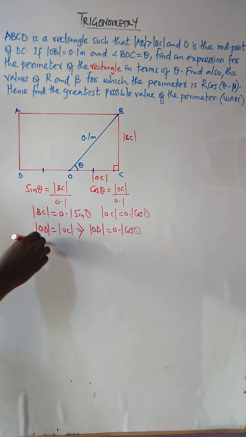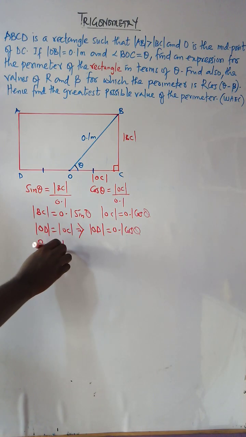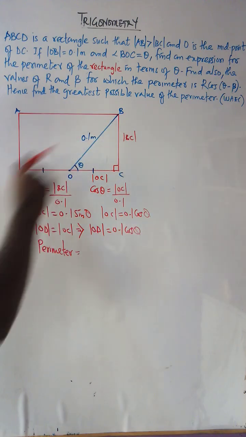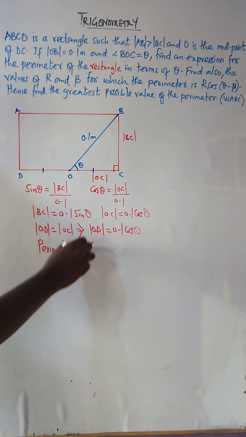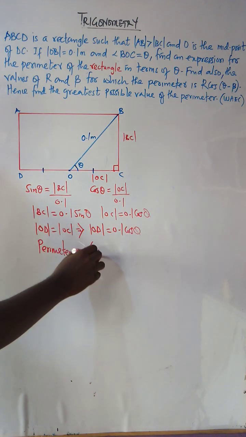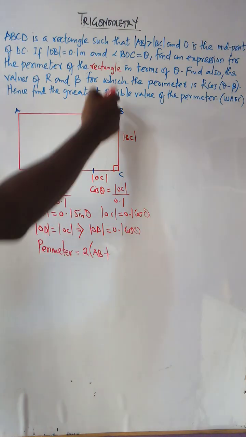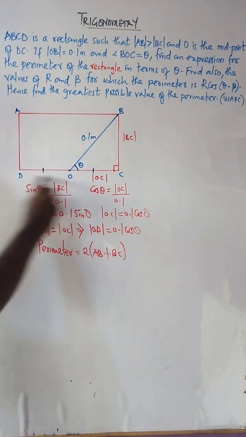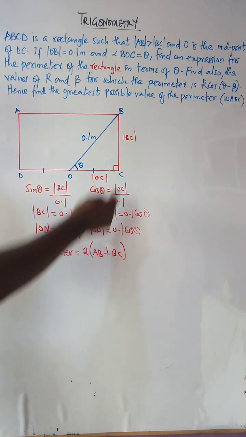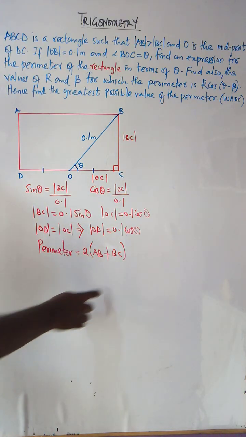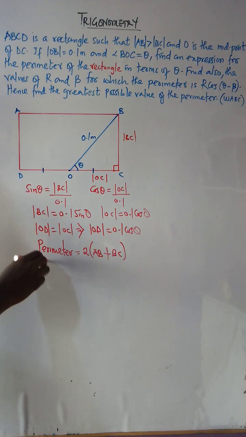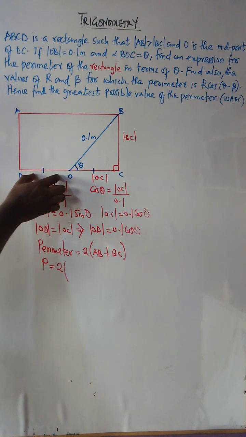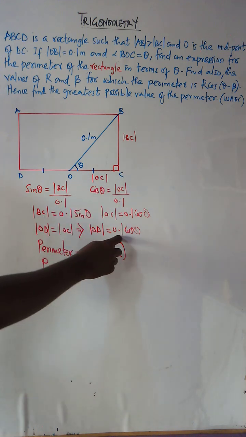So what's the perimeter? The perimeter is the addition of all the sides. First is AB plus DC, but they are equal, so 2AB. Then BC plus AD, 2BC. So from here, let the perimeter P equal 2 times AB.